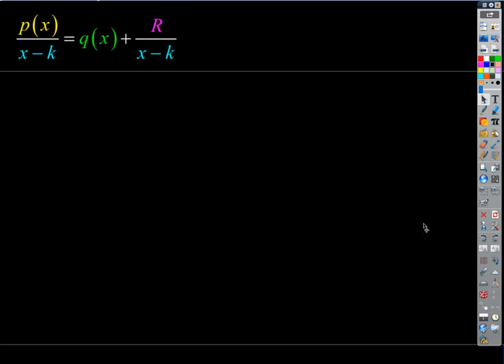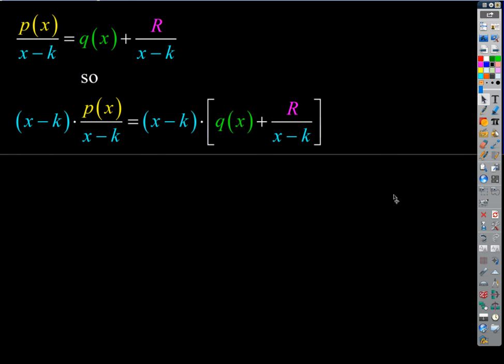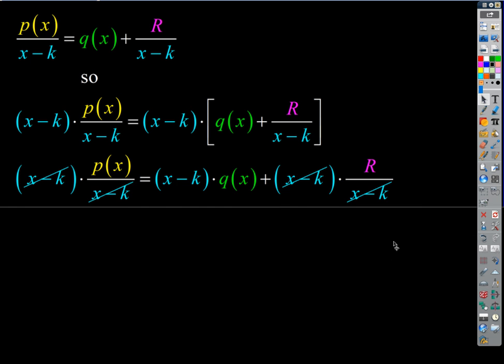Well, what if we were just to multiply each side through by x minus k? That's no big deal, we just want to rewrite this algebraically. If I multiply each side by x minus k, the x minus k's cancel on the left side, and I just end up with p of x, the polynomial by itself.